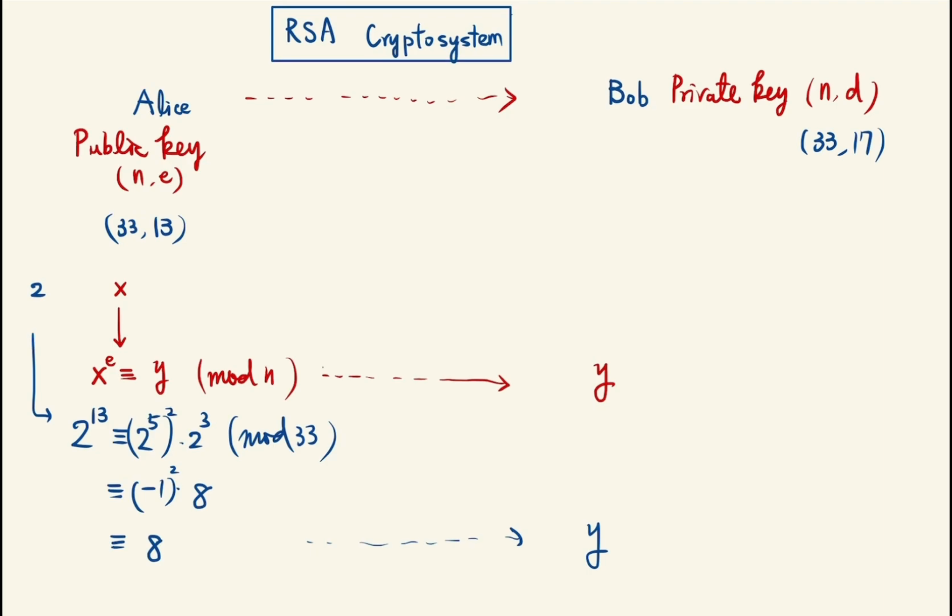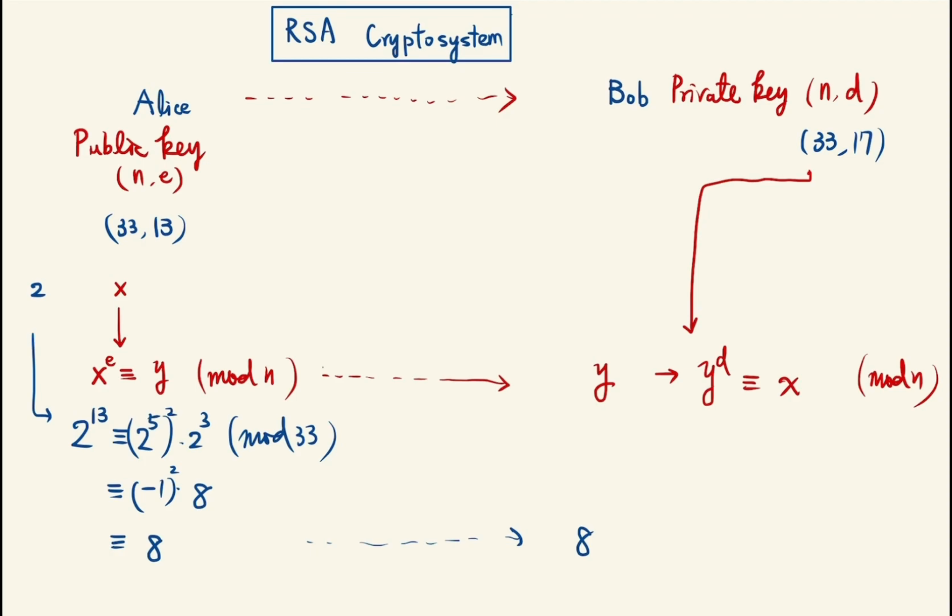How can he do it? He takes the 8, uses his private key, and just calculates Y to the power of D modulo N, and this will give him the original message X.